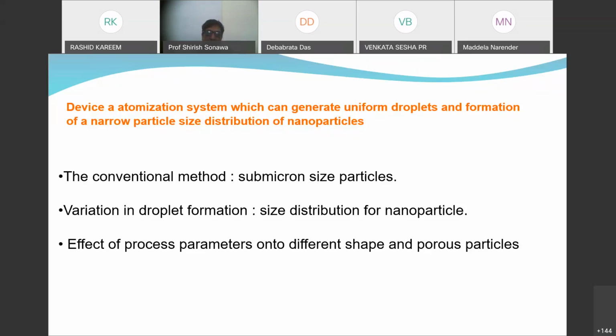If the droplet formation is uniform, the morphology or the shape will also be uniform, and overall efficiency is going to increase. So using ultrasound, we can produce uniform droplets.